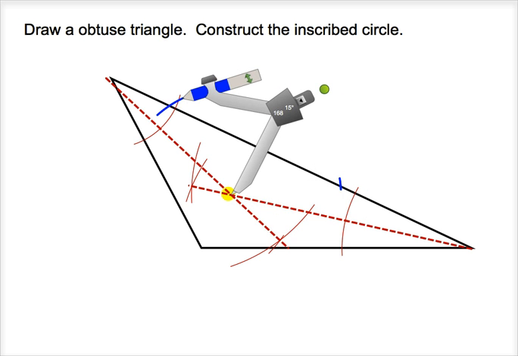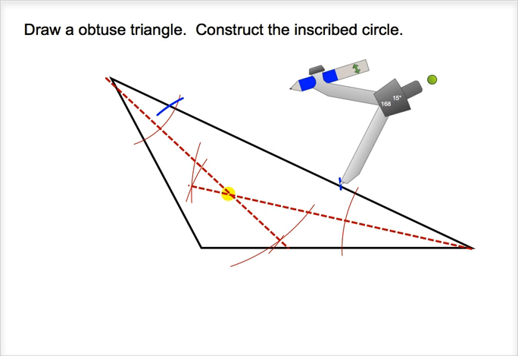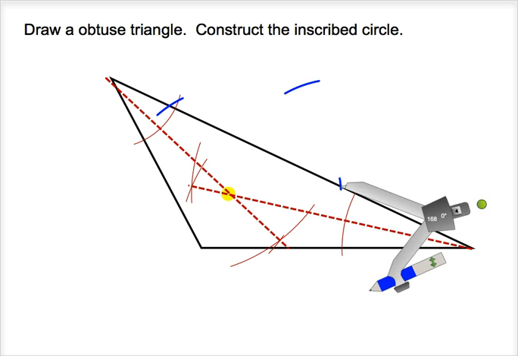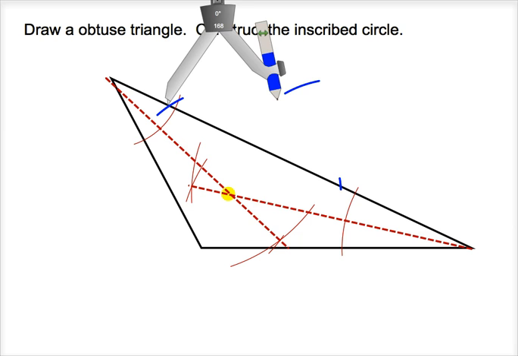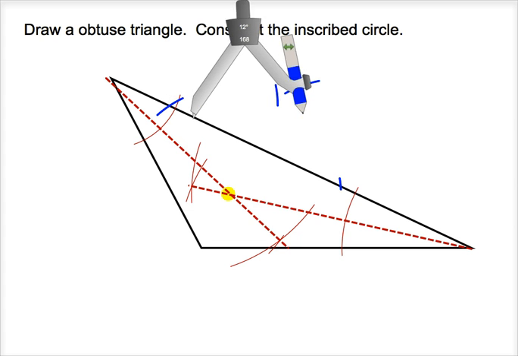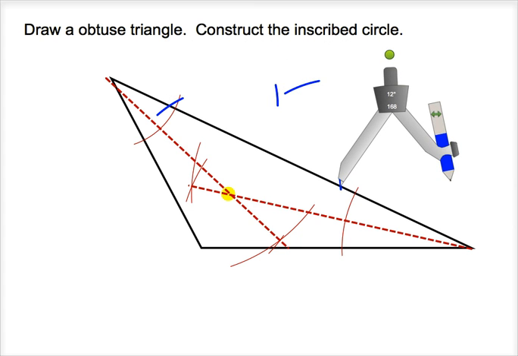If I don't change the size of my compass, I just need to draw an arc farther out from each of those points. And it looks like my first one wasn't quite long enough, so I'll have to do that one again.